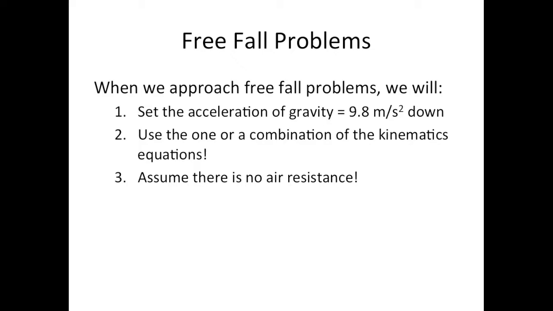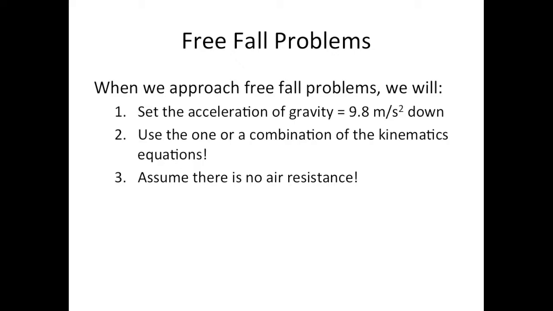First, we will set the acceleration of gravity. So the acceleration for any problem, if it's in free fall, is 9.8 meters per second squared down, and mathematically we'll call that negative 9.8 meters per second squared. When we do these problems, we're going to use one or a combination of the three kinematics equations. So know that those are going to be the tools that you're going to use to solve these problems.